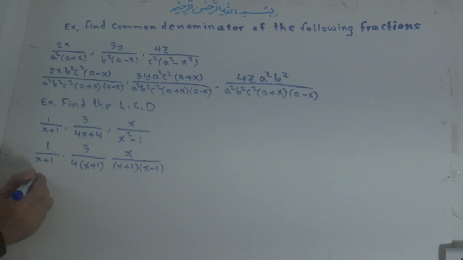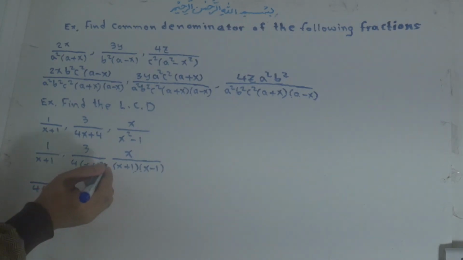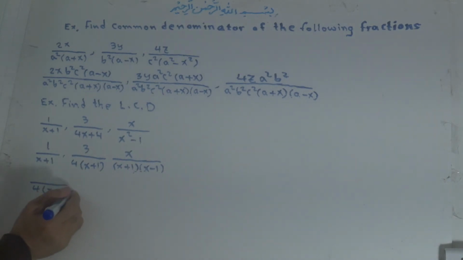So now the common denominator is 4 times x plus 1 times x minus 1.